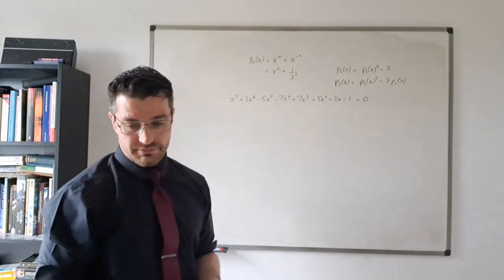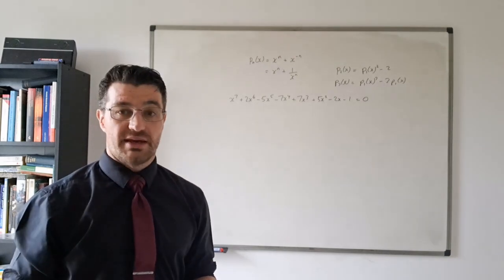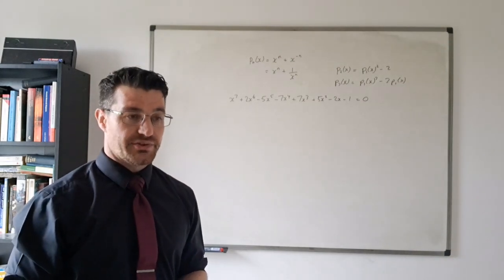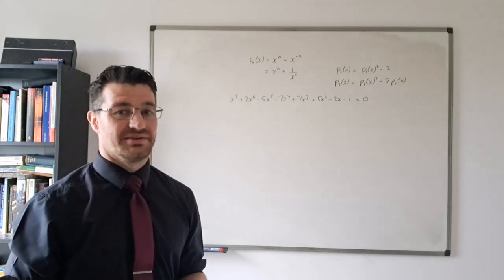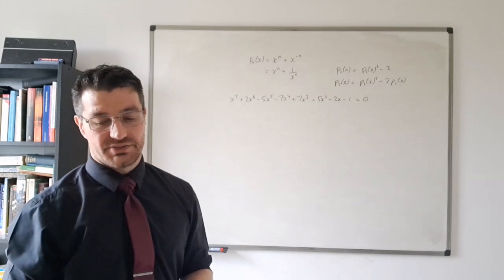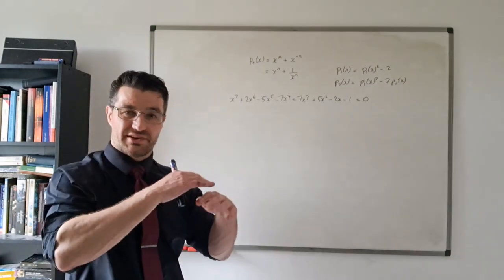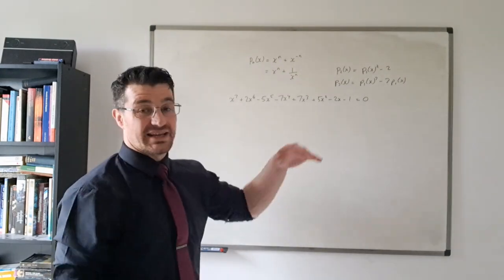If you're anything like me, what you initially thought to do was basically the same kind of thing that happened in the previous question, where we divided through by x squared. You might try something like that here.